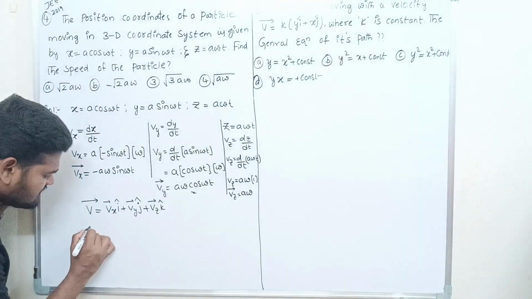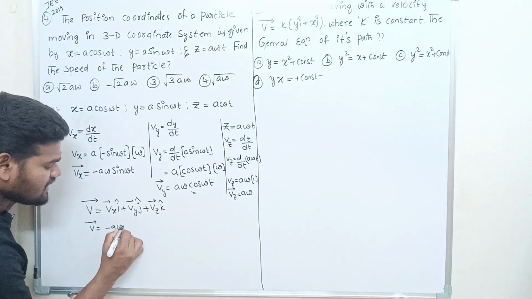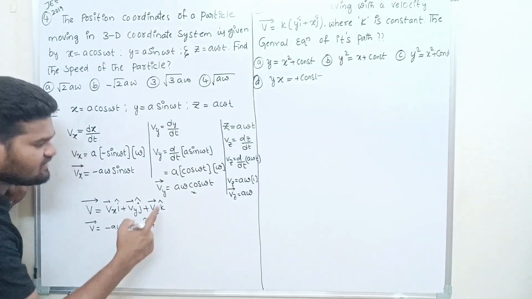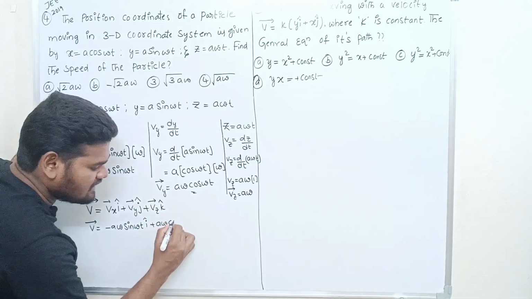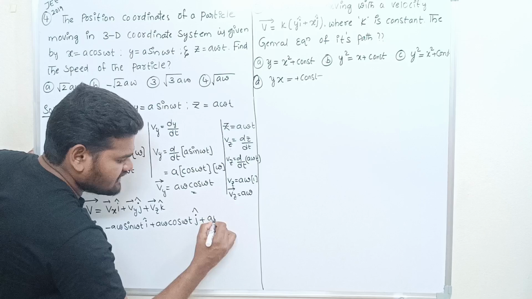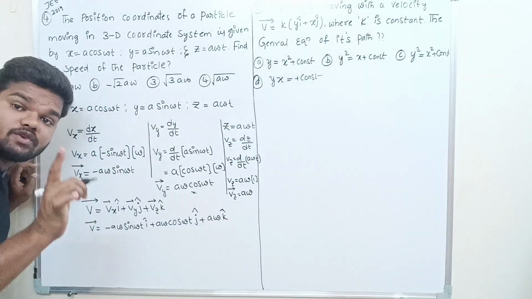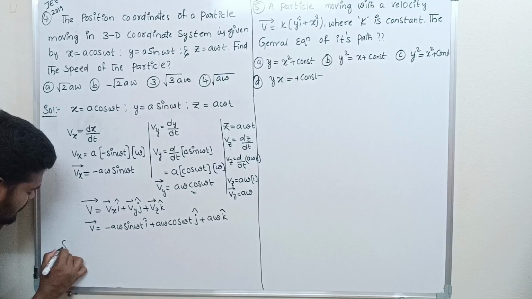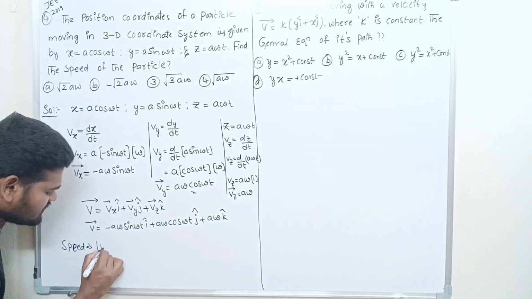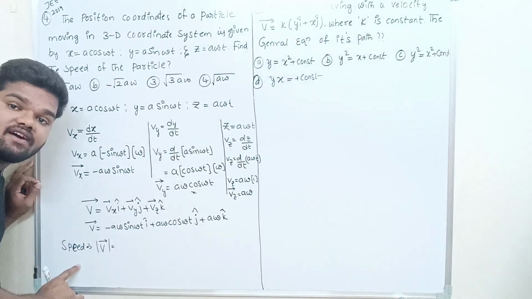What is the value of vx we got? v bar is equal to minus a omega sin omega t i cap plus a omega cos omega t j cap plus a omega k cap. So if you want to find the speed, what do we have to do? Just find the magnitude of velocity. That gives the speed of the particle.